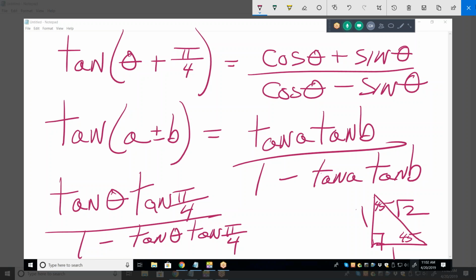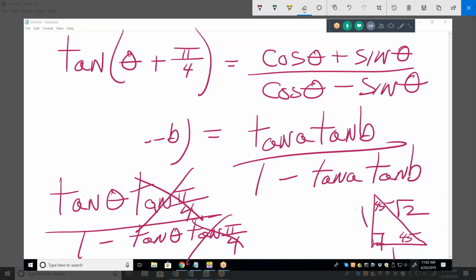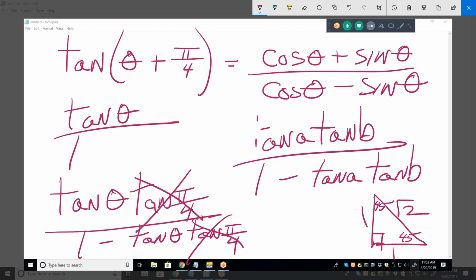Okay? So that becomes 1. That becomes 1. Those cancel. So what I have on the left side of the equation, let me erase some stuff. In other words, tangent of theta plus pi over 4 is equal to tangent of theta plus 1 all over 1 minus tangent of theta.